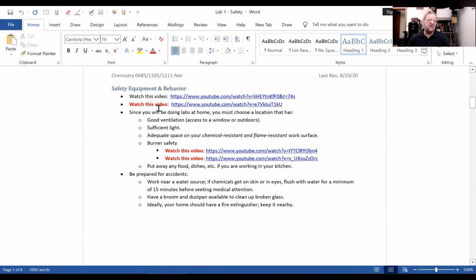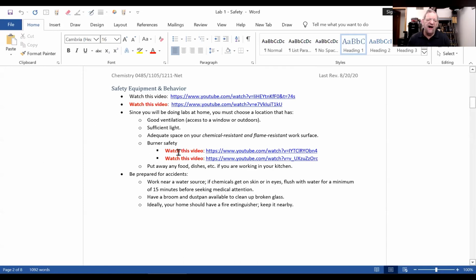Now, they talk about safety equipment. I'll ask you to watch this YouTube, just the one in red. When you're doing it, make sure you have good ventilation, open a window nearby. I'm going to highly recommend all the labs you do in your kitchen, actually do it in your sink. Make sure it's cleaned out first, but do it in your sink.